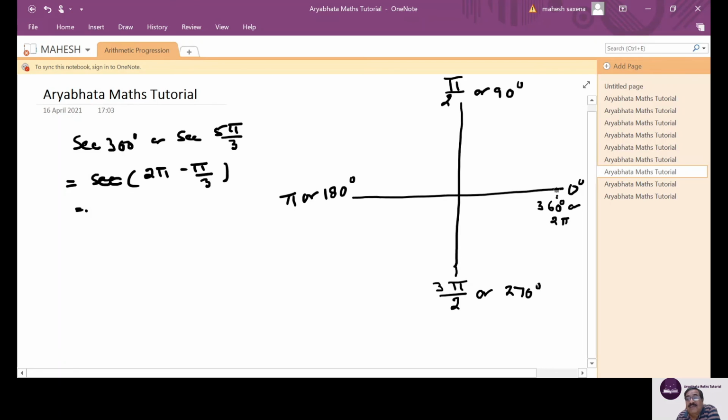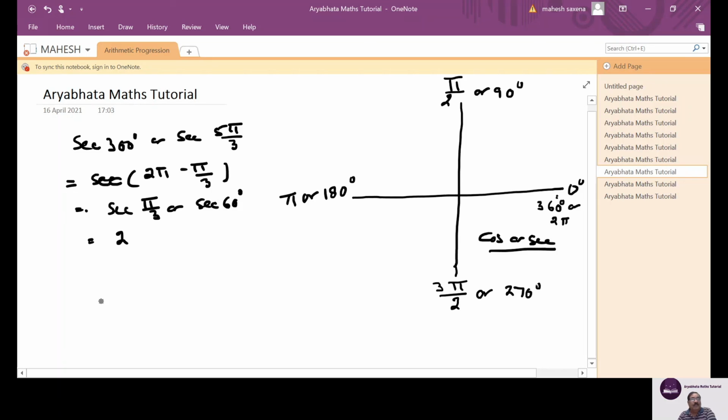Now 2 pi is this one and pi by 3 is less, therefore it will be in the fourth quadrant. In the fourth quadrant, cos and sec are positive, and the remaining trigonometric ratios are negative. Therefore, sec of 2 pi minus pi by 3 will be positive. Therefore, it will be sec pi by 3, or sec 60 degree, and its value will be 2.